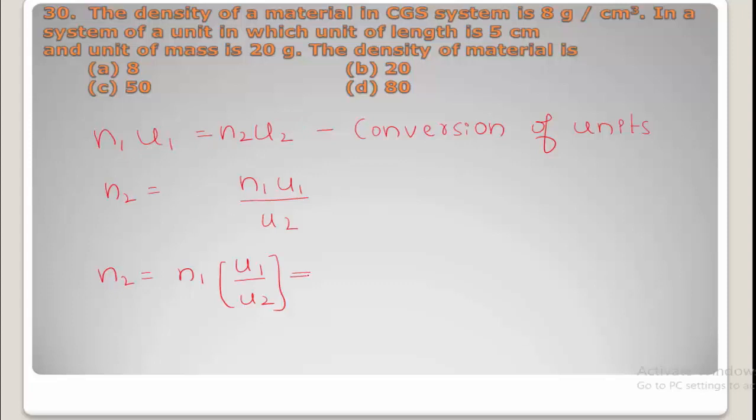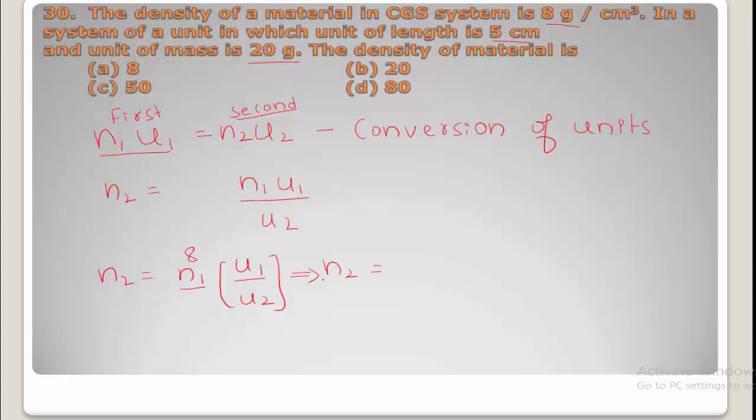In the given data, the density is 8. So here n is the density, n1 u1 is the first system of units and n2 u2 is the second system of units. In the first system of units, the density of the material is 8 gram per centimeter cube. In the second system, the length unit is 5 centimeter and the mass unit is 20 gram.